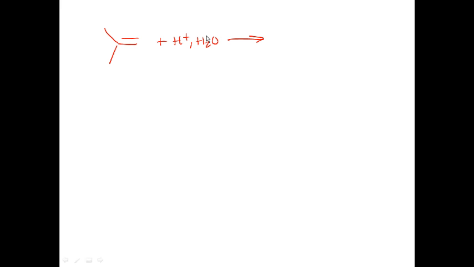And I could write both possible products that are formed, because the net result of this is to add H and OH across the double bond. So that means I could add the H here and the OH here, or I could add the OH there and the H there.